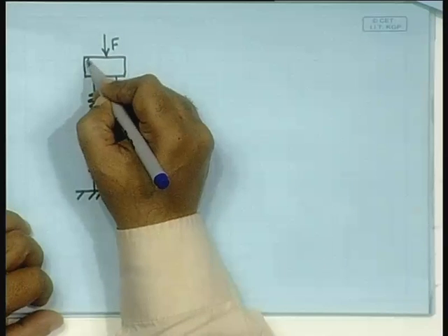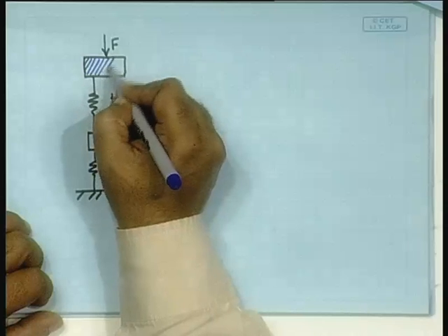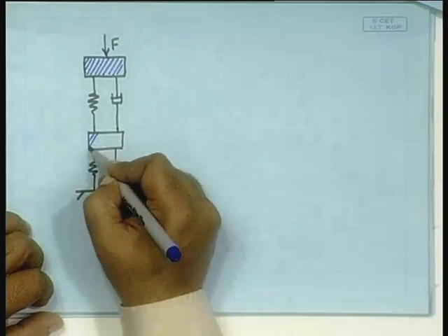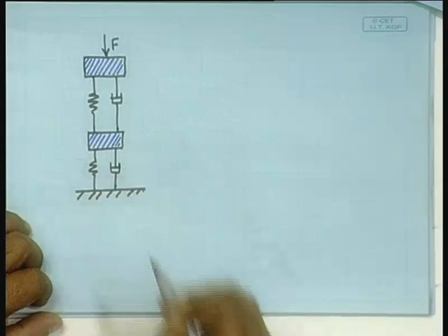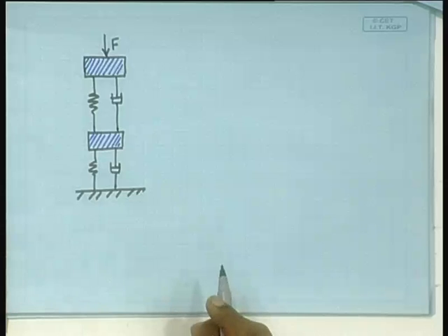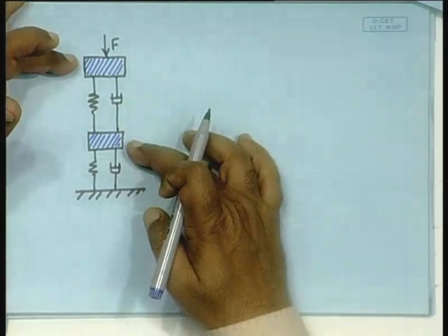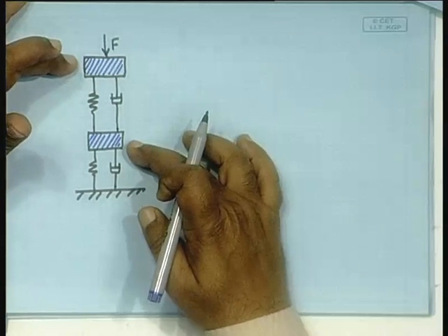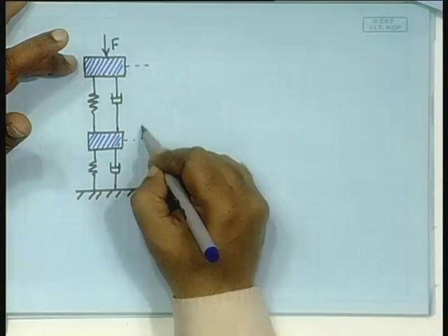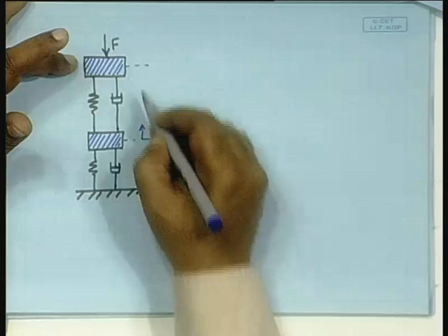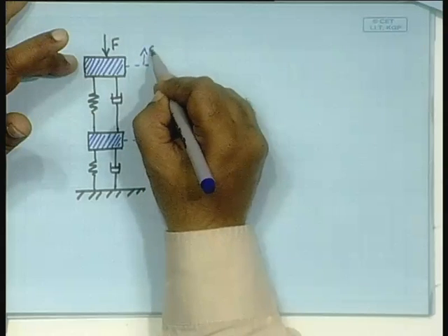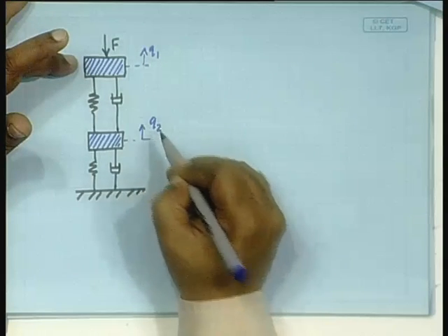Do this first, you will need to define the coordinates. How will you define the coordinates? Position coordinates of these two masses. And if you want to define the position coordinates of these two masses, you have to specify what their 0 is. So, you cannot simply say that here is my position and this is say q1 and this is say q2.